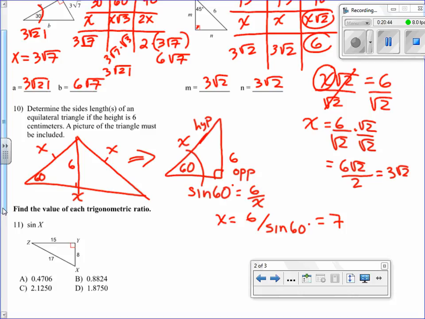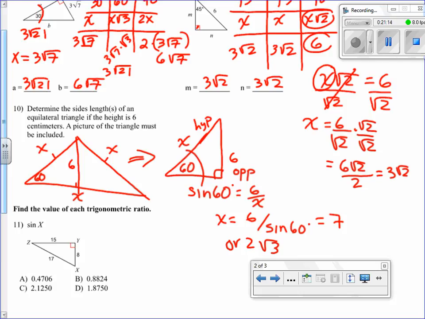I guess technically for number 9, it was expecting you to do it as a special right triangle based on the directions, but I gave credit for it either way. So if you did it as a special right triangle, did you get 2 square roots of 3? Yeah. So that was nice. I went ahead and took credit for it either way.